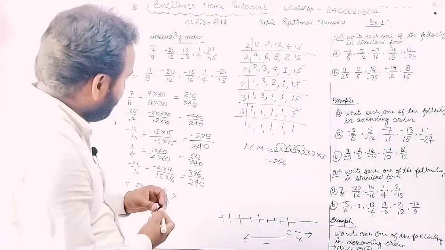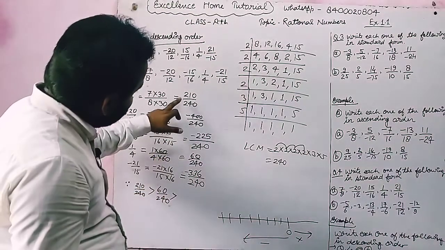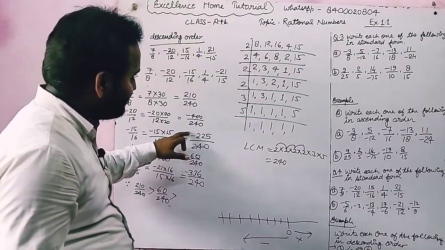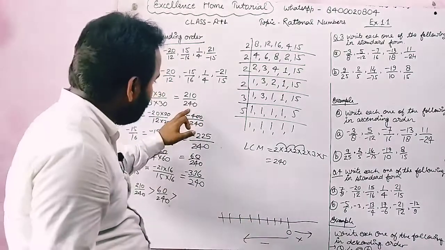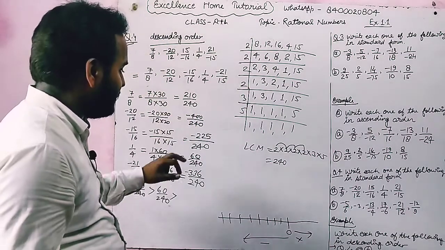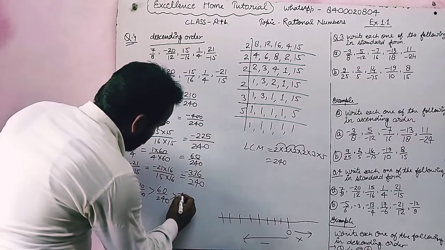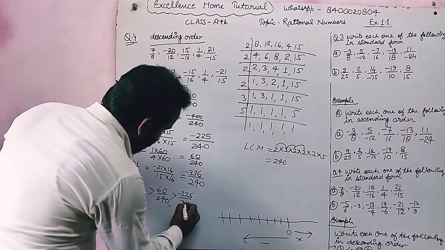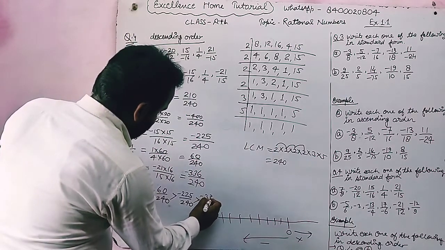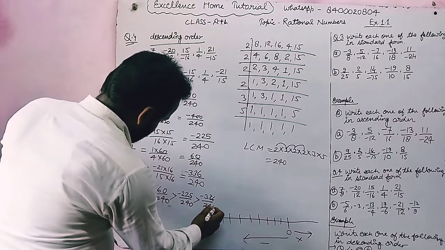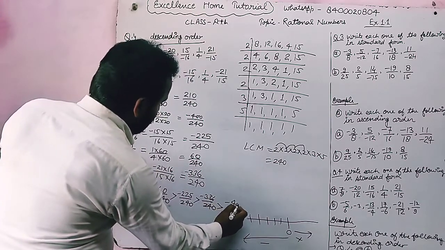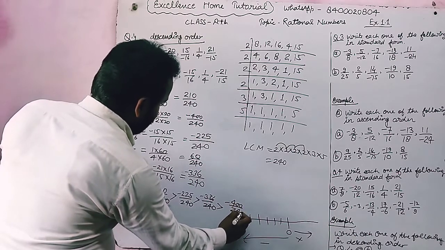So firstly, among minus 400, minus 225 and minus 336, this is the left side and this is the right side of those numbers. So minus 225 upon 240 is greater than minus 336 upon 240, greater than minus 400 upon 240.